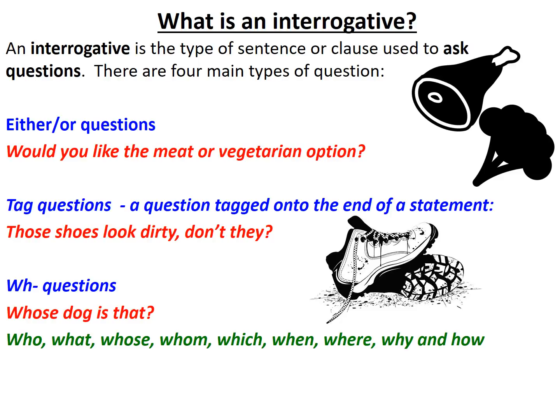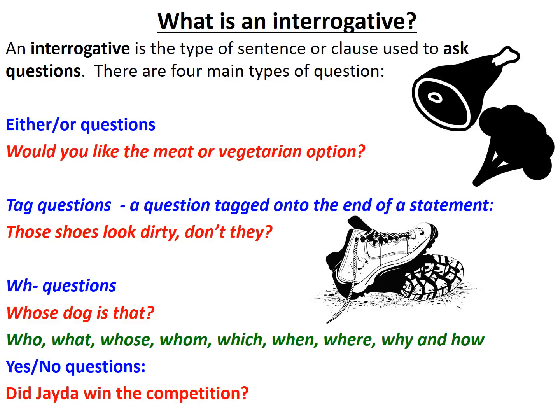Finally, the fourth type of question, which is the most closed set of questions you could ask, only has two possible answers, or maybe three. I'll tell you that in a moment. It's the yes or no question. For example, did Jada win the competition? The answer technically just has two answers, right?